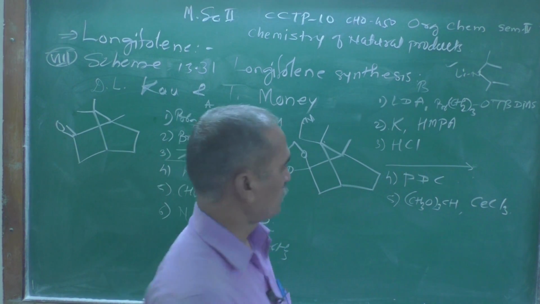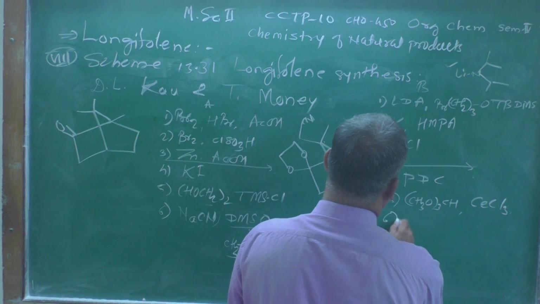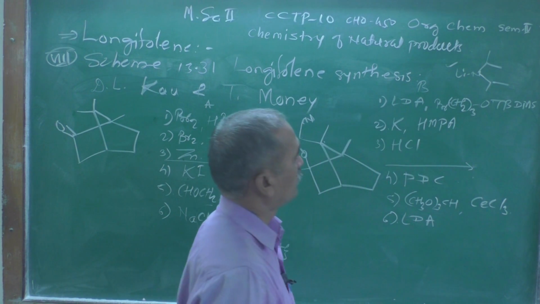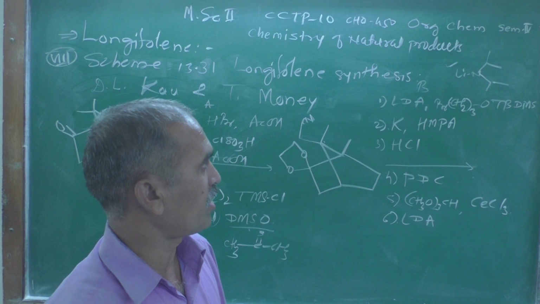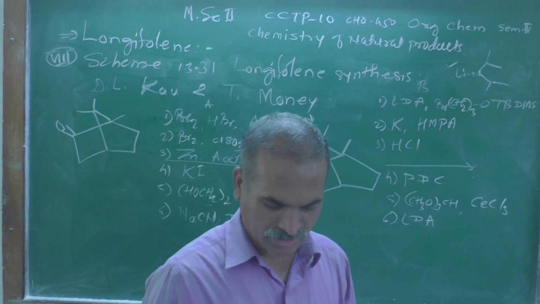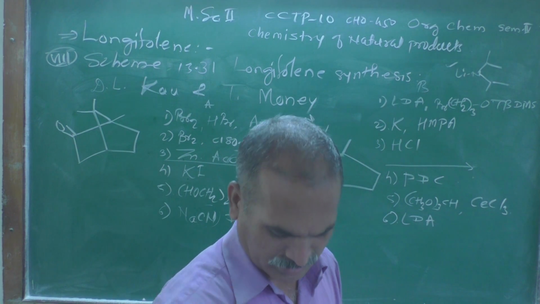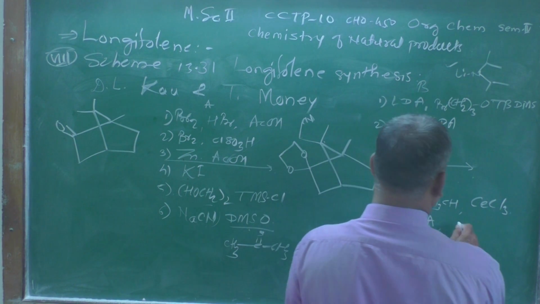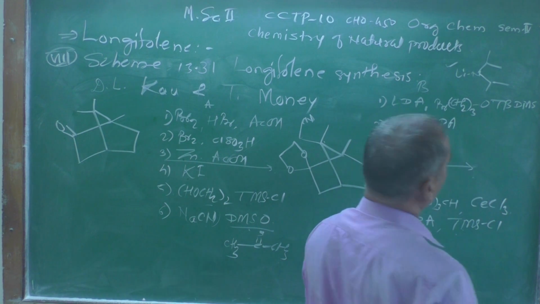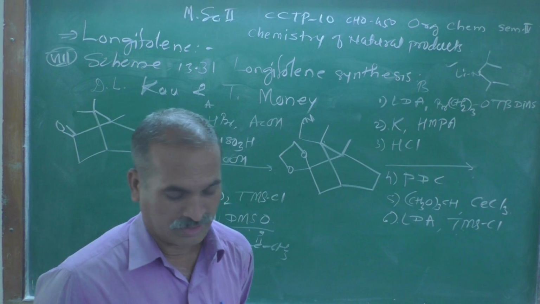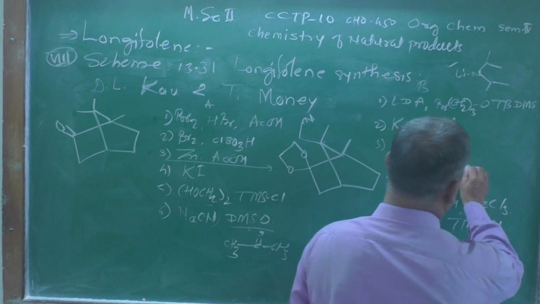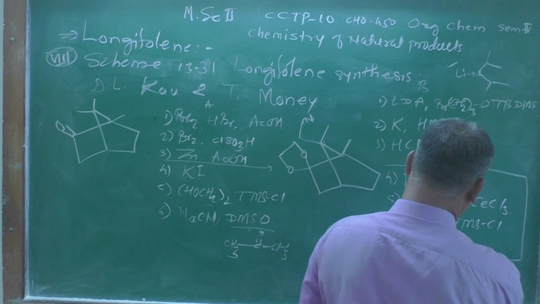Then number 6, once again LDA, lithium diisopropylamide, and then TMSCl, that is trimethylsilyl chloride. These are the reagents when added.